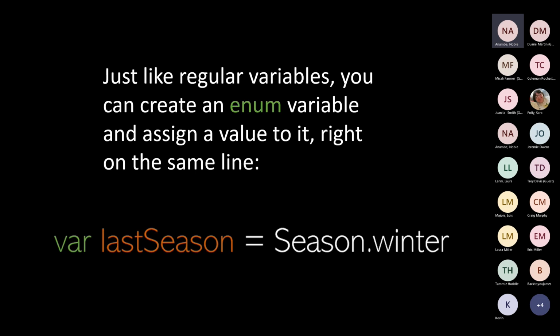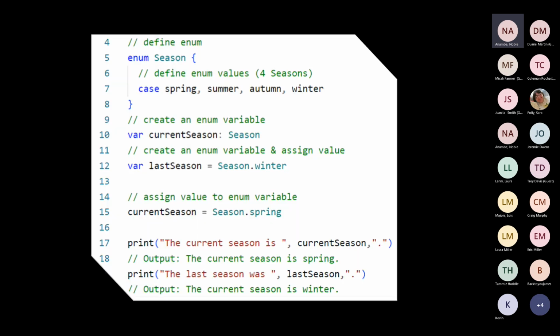Hopefully we can use enumeration in one of our exercises. So let me see. This is akin to what I just described. For current season, you type Season; lastSeason equals Season. Once you click dot, it will give you these four options and you choose one of them.